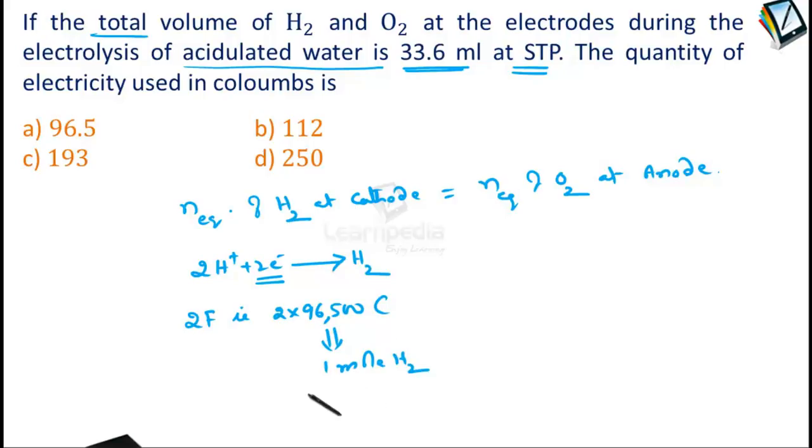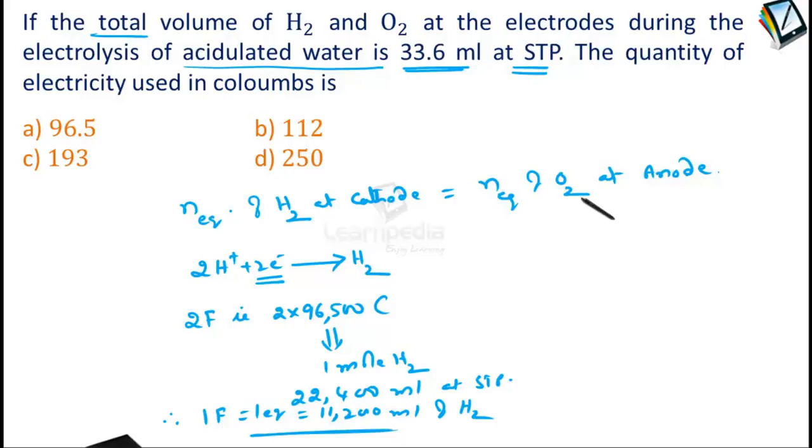And 1 mole of hydrogen at STP is nothing but 22,400 ml of hydrogen at STP conditions. So it is 2 Faradays.